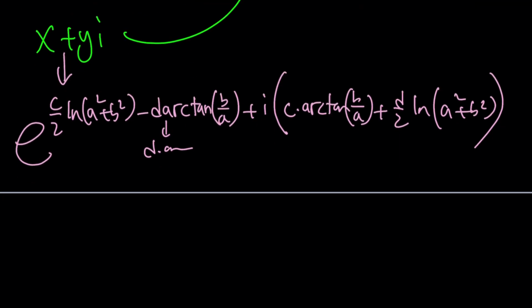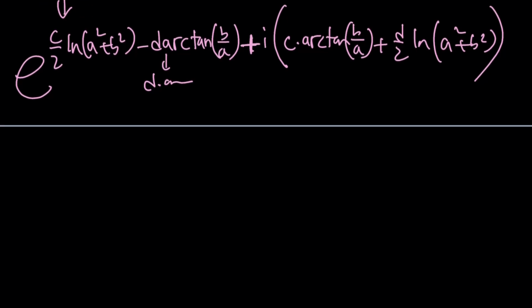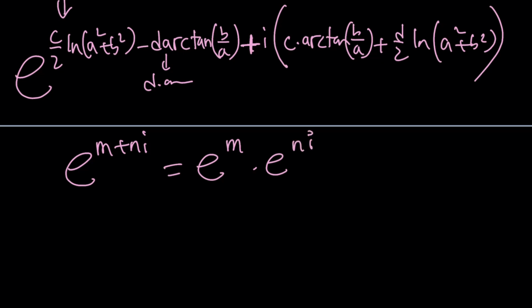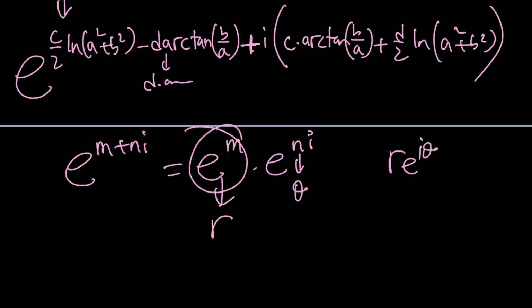So now what you're going to do is, because the exponents are added, in other words, this is what I'm trying to do. Let me just show you real quick. Whenever you have e to the power m plus ni, you can write it as e to the m times e to the ni. This becomes the what? Modulus, and here this becomes your theta, because remember, r e to the i theta, same format.